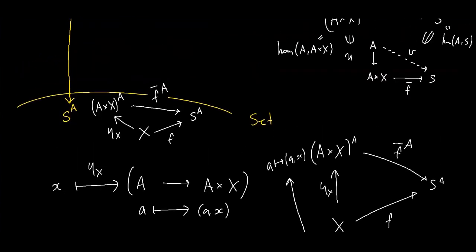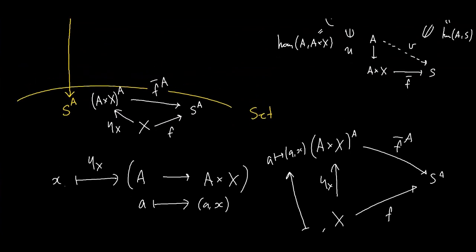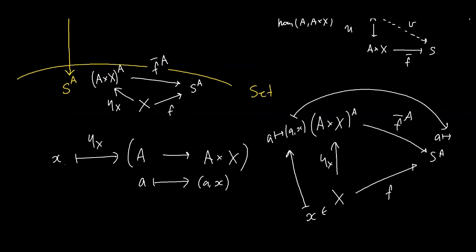So I've got this mapping A going to A comma x, and now I need to compose that with f bar, which will land me in S. So it will map this mapping into the mapping of A going to where, Alexander? What happens when I compose this mapping with the f bar mapping?